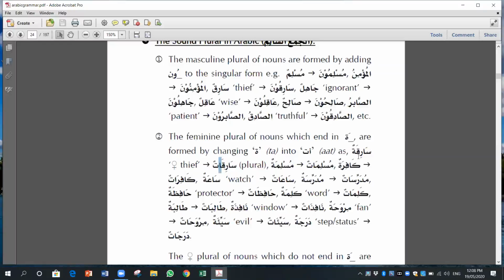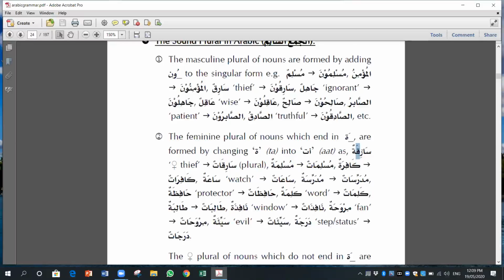Now if we make a mistake in pronunciation, some people might read sariqatun as sariqatun, and the meaning will change. Instead of one, we are making it plural. Allah subhanahu wa ta'ala would have said one, and we are saying it as plural.